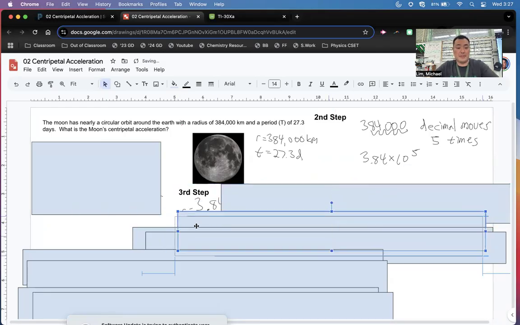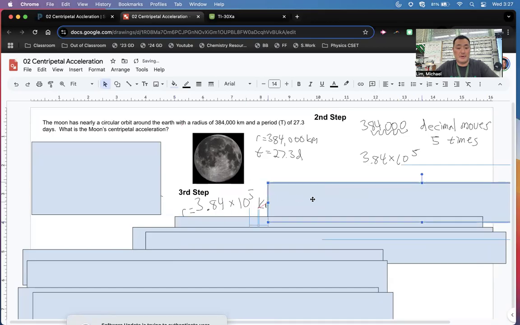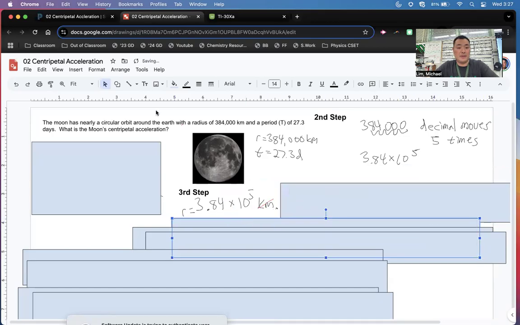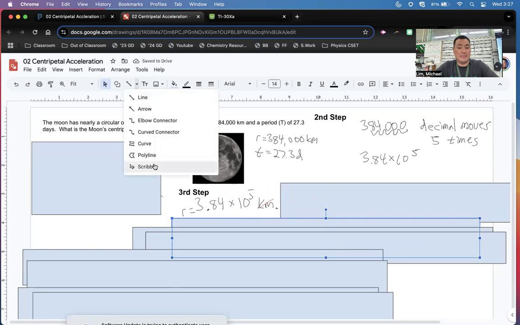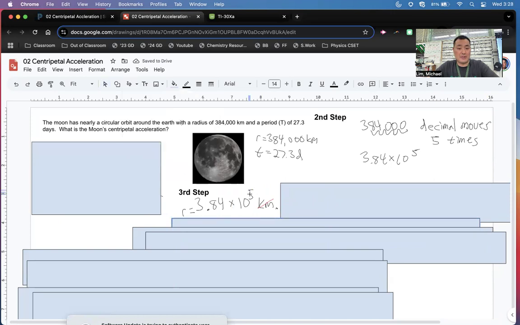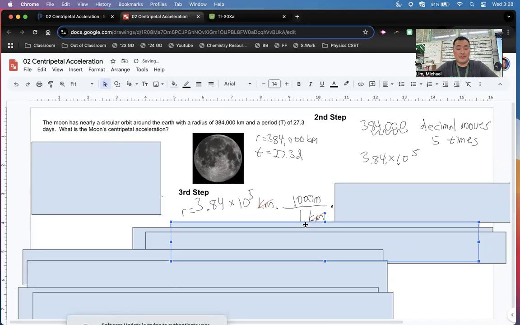So our third step is to have our radius multiplied by conversion factors to make meters. In every kilometer, there is 1,000 meters.